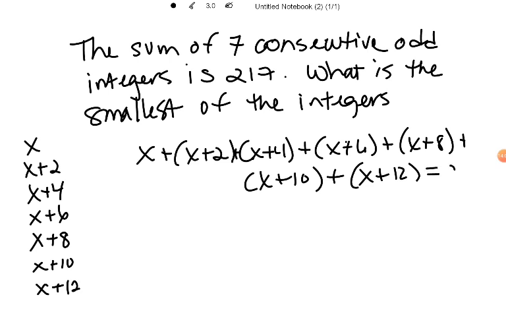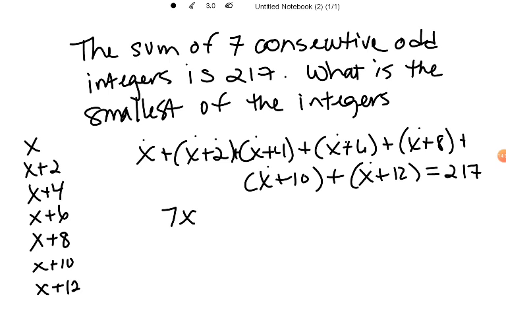And those all equal 217. So if we add up our x's, we should have 7. 1, 2, 3, 4, 5, 6, 7x.